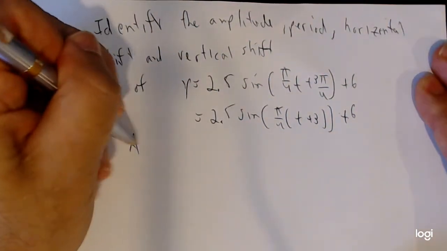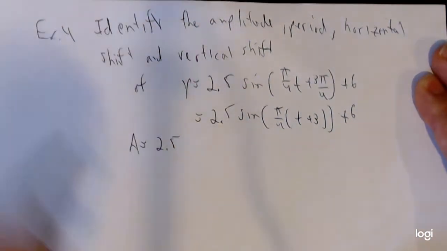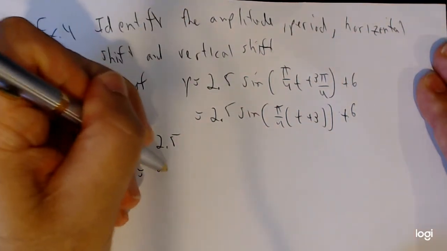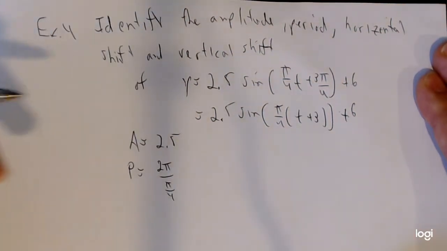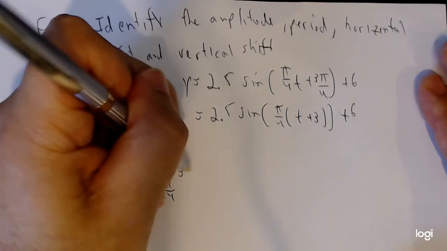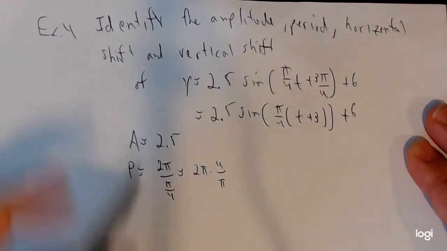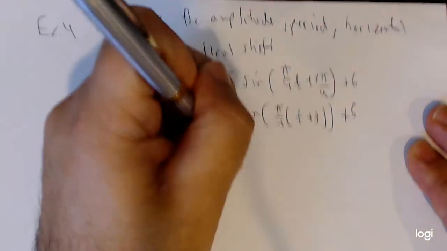Amplitude is 2.5. What's the period? The period is 2 pi over b, where b is pi over 4. Anytime we divide by a fraction, we multiply by the reciprocal, so the pi's cancel out, and I get 2 times 4, which is 8.